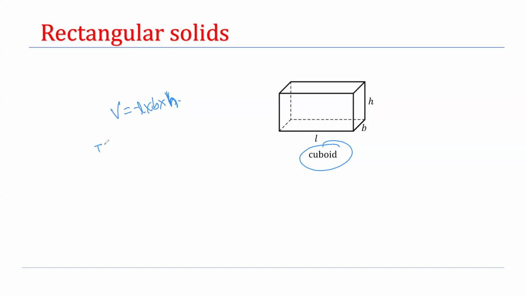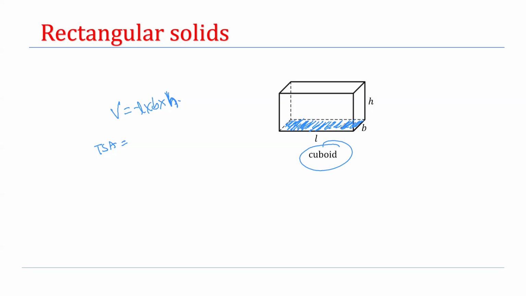total surface area. Total surface area is like this. What is the surface of the bottom rectangle? What is the area of this bottom rectangle? Yes, sir.